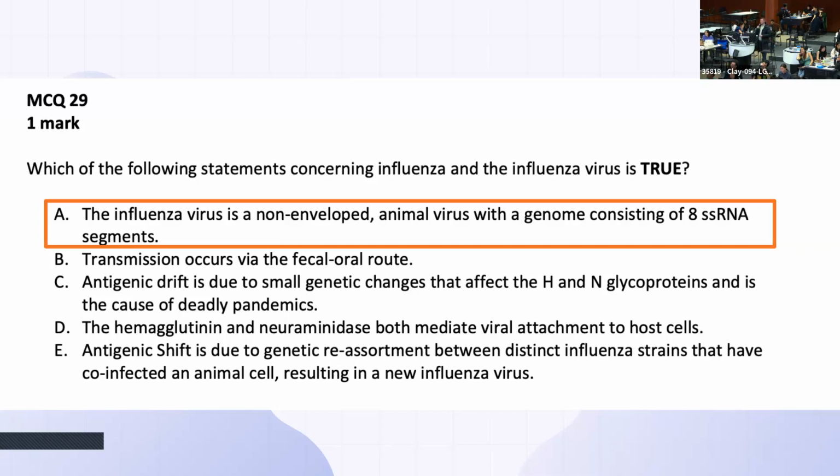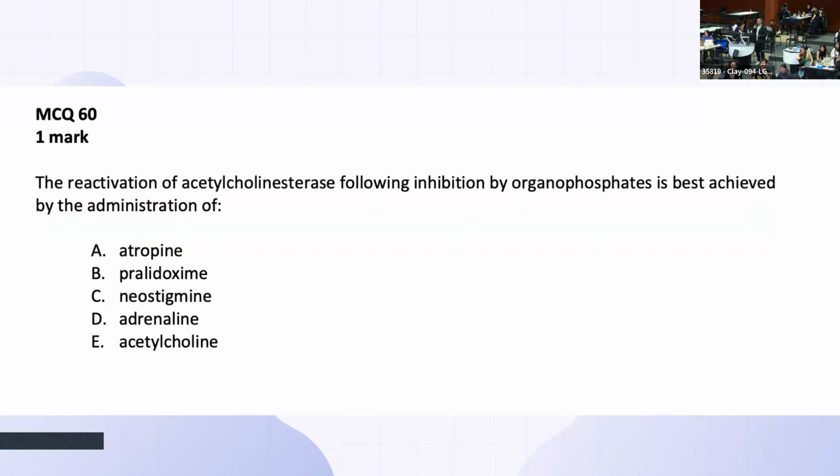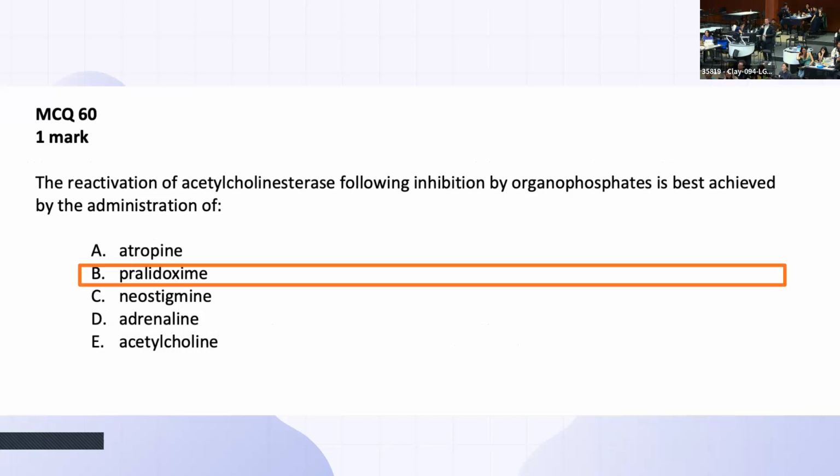And yeah, you can go through the others, but they're wrong. The reactivation of acetylcholinesterase following inhibition by organophosphates is best achieved by the administration of, and we went through this one before. Cool, so pralidoxime will reactivate acetylcholinesterase.